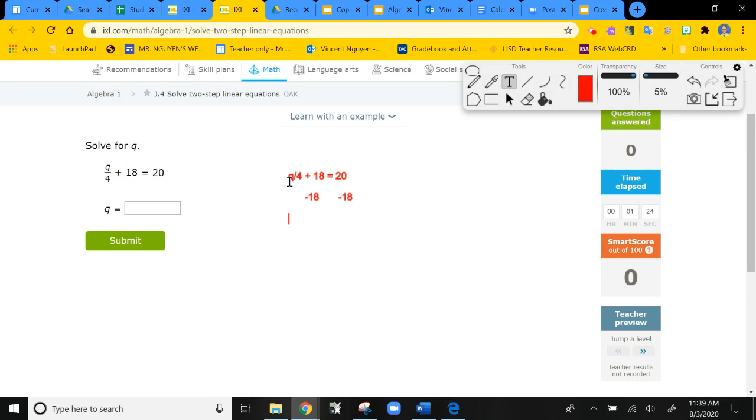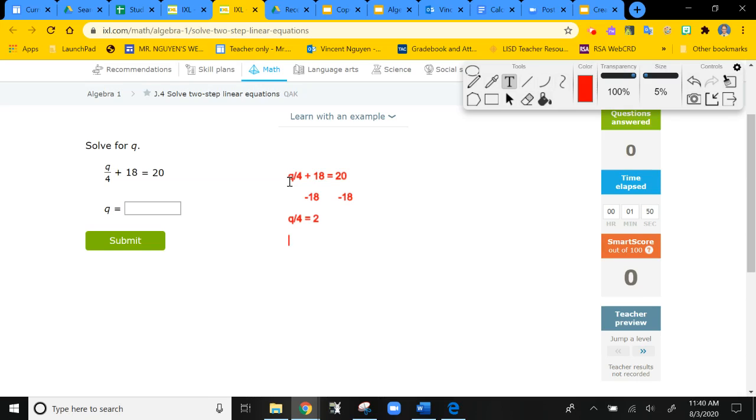And then I'm going to write down my results, which is Q divided by 4 on this side, because the 18 and the 18 cancel or they become 0. And on the right-hand side, I would have 20 minus 18, which is 2. Now to undo, remember, an inverse operation will undo the original operation.